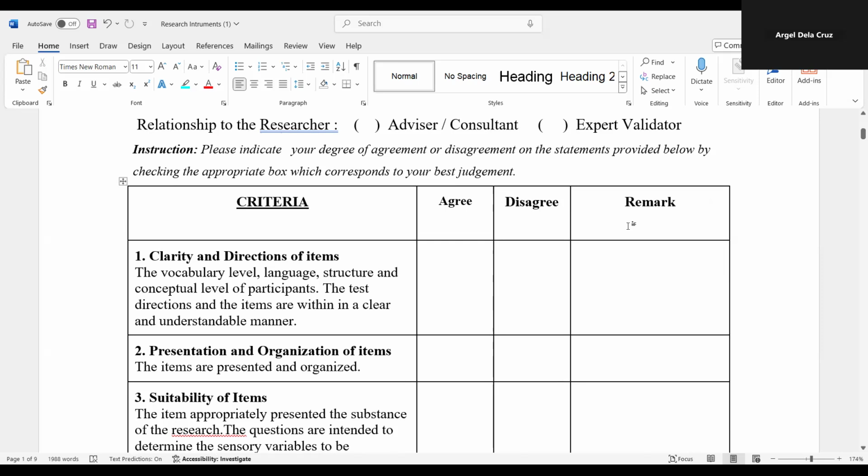Okay? Papavalidate niyo sa expert validators. And then, balik niyo po sa advisor niyo po ulit. So again, advisor ako, expert validator, babalik sa advisor niyo to finalize your instrument.